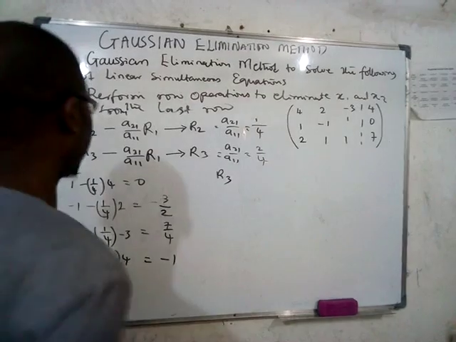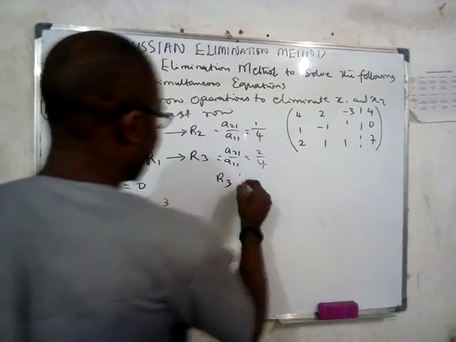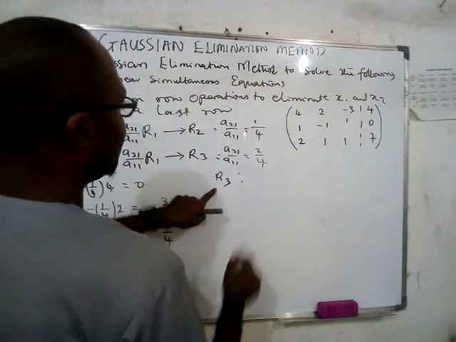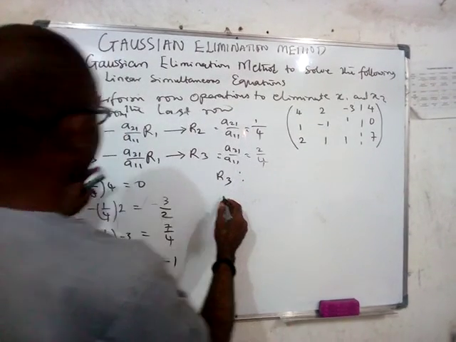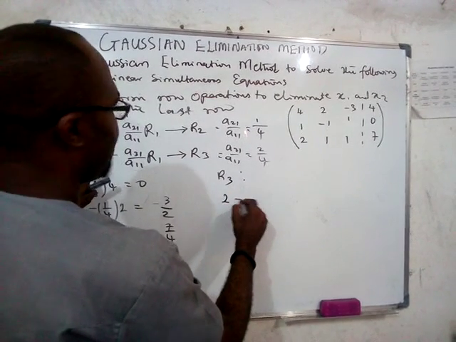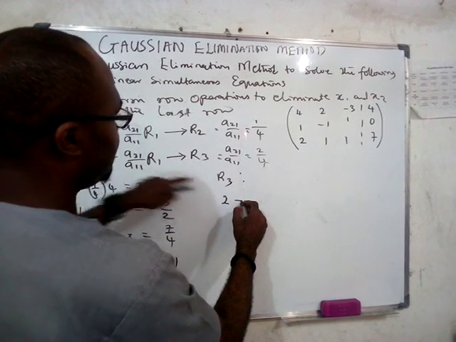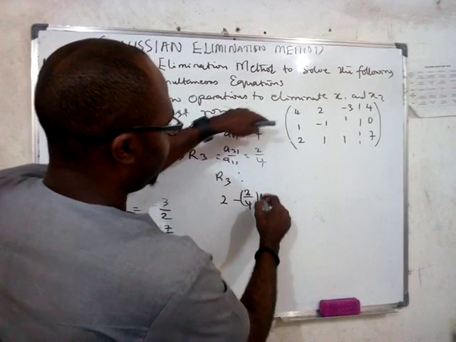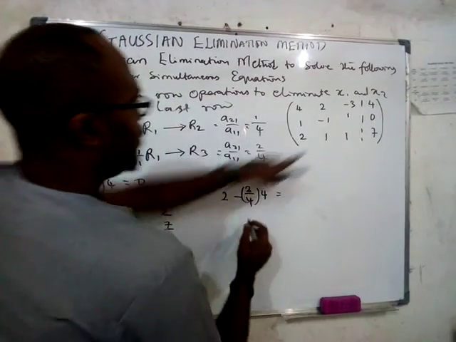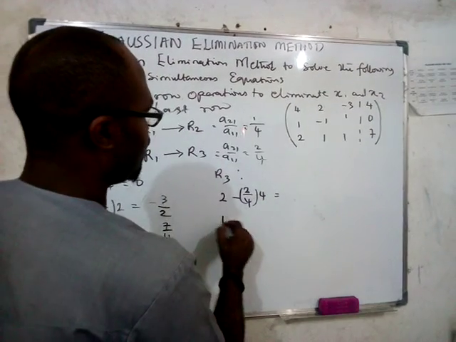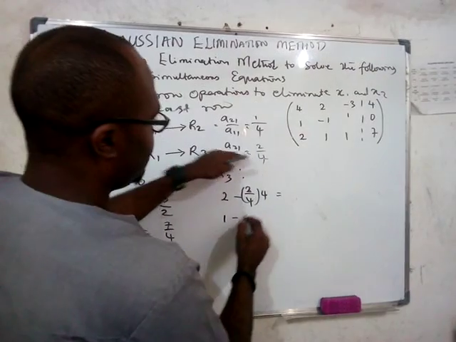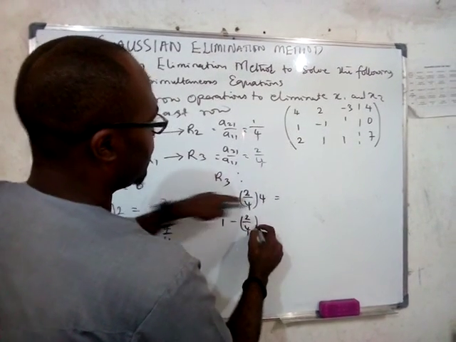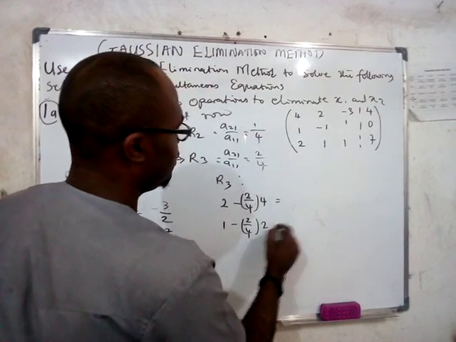So we'll do the same thing for row 3. So for row 3 now, what is it going to be? For the first one here, it is going to be what? Row 3, which is 2 minus this over this, which is 2 over 4 times the upper row of this, 4, equal to. We do for this other one, 1 minus 2 over 4 times 2, equal to.